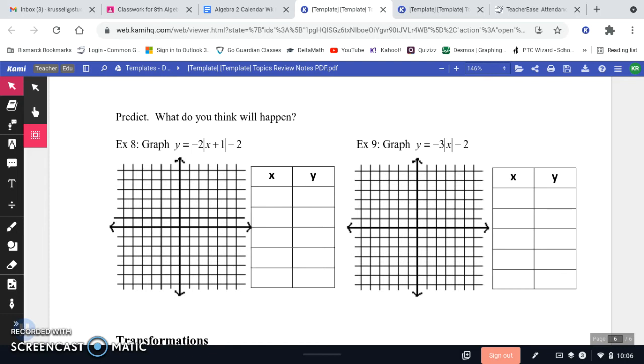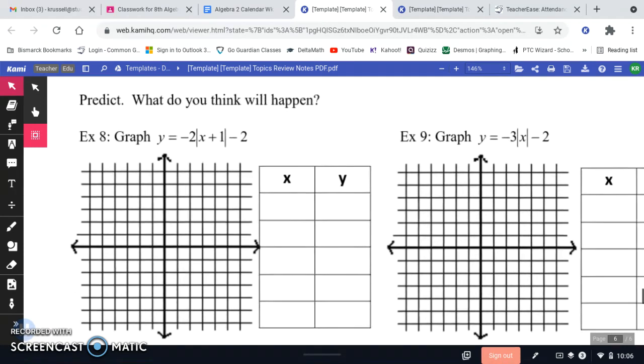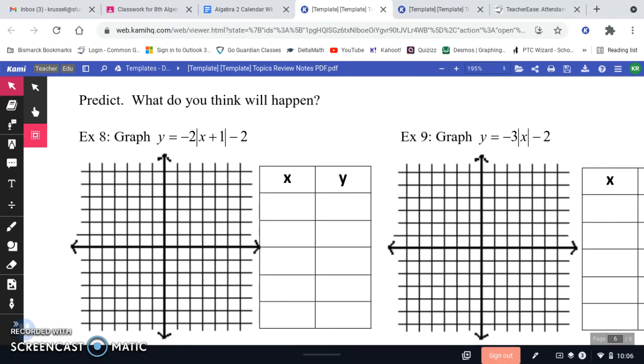Let's pull out some of these characteristics. This number in front, your -2, tells me that my graph is going to open down.